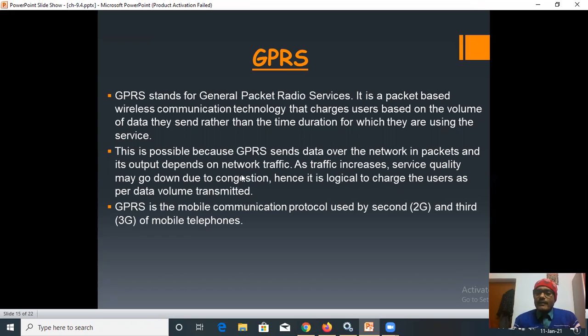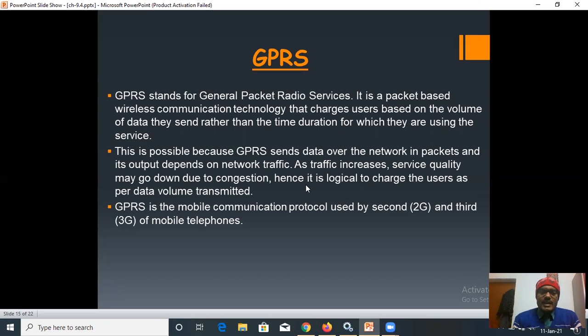And if there is no traffic on the network, you are getting the packets of data at a fast speed. As the traffic increases, service quality may go down due to congestion, and hence it is logical to charge the users as per the data volume transmitted.